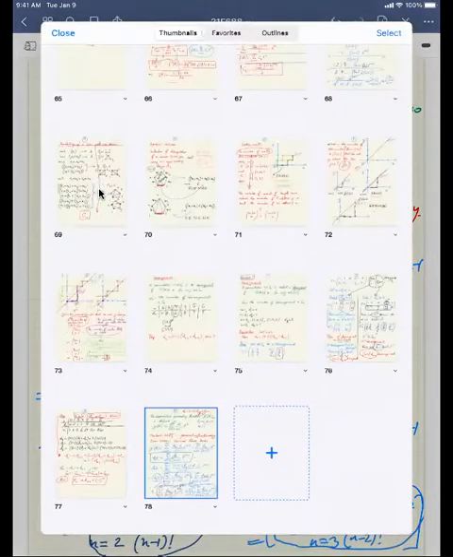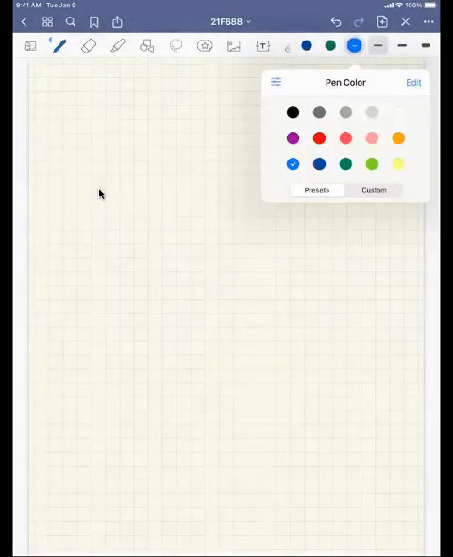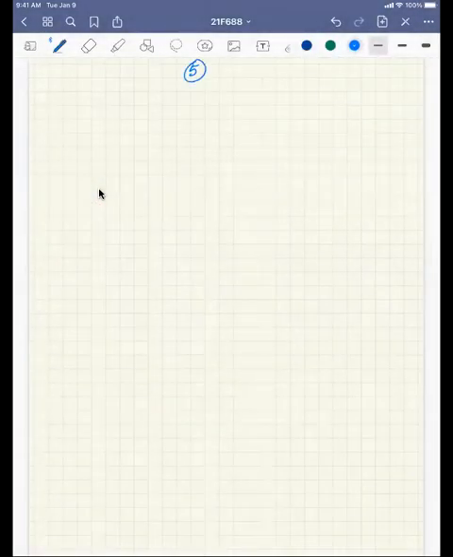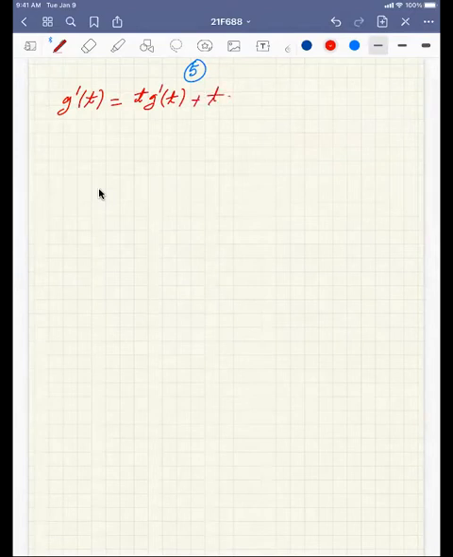So all this work, we get that the thing that we started with, which was g prime of t, equals t times g prime of t plus t times g of t.